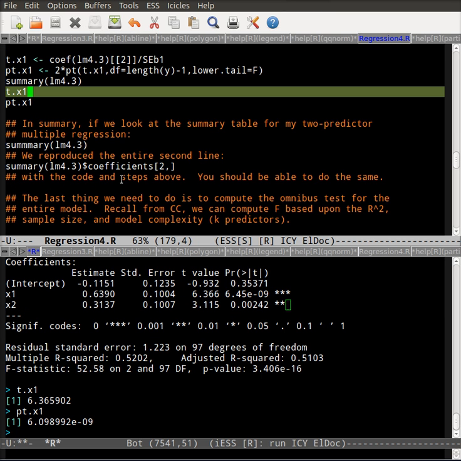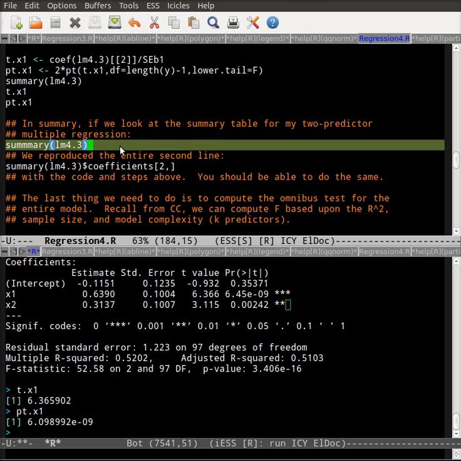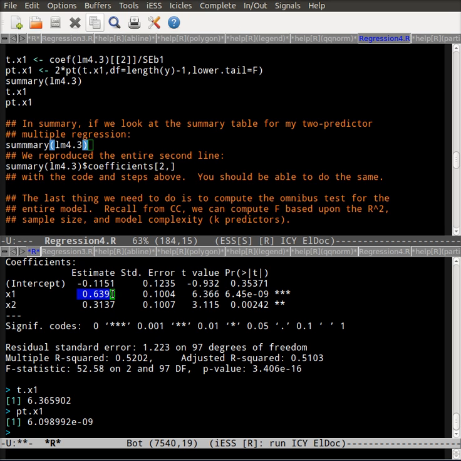So, in summary, we've already calculated this. I've calculated now the standard error. If I take the estimate and divide by the standard error, I get the t-value. That t-value is then, if we calculate the probability associated with that t, that will result in our p-value.